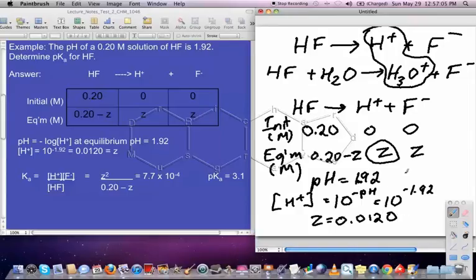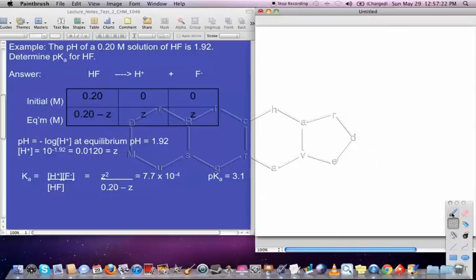So both of these end up being the same, the equilibrium concentration of H plus, and that equals Z. Alright, so now that we've got that, I'm going to erase that. And we can now calculate our Ka.